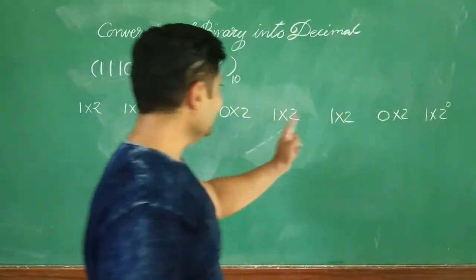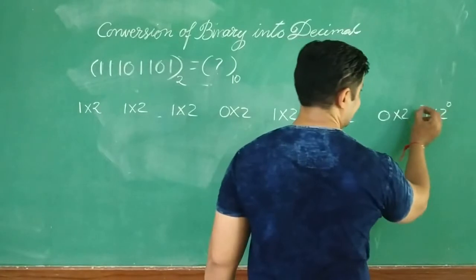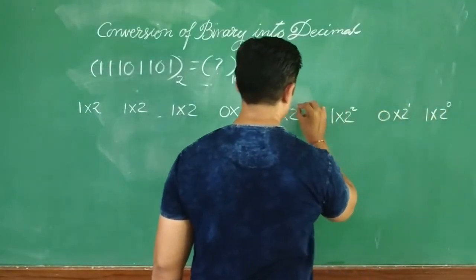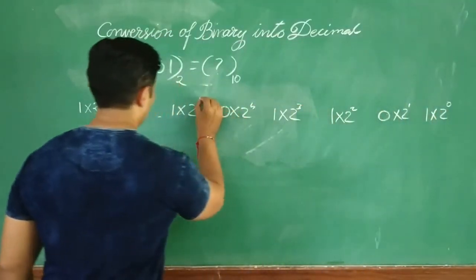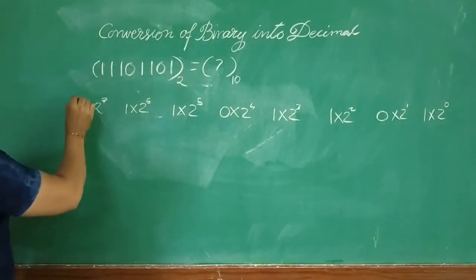So in this way, first you have to write the 2 with each digit. Then you have to start from here: 0, 1, 2, 3, 4, 5, 6 and 7. Then add brackets.